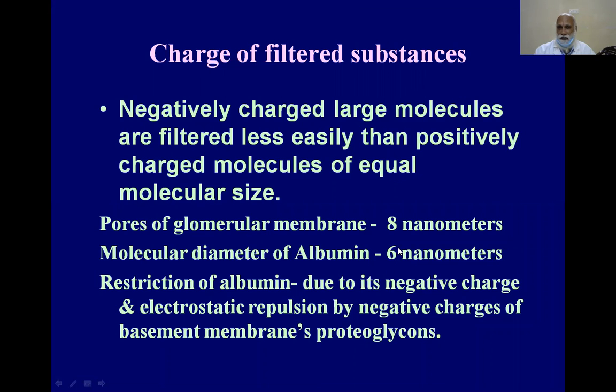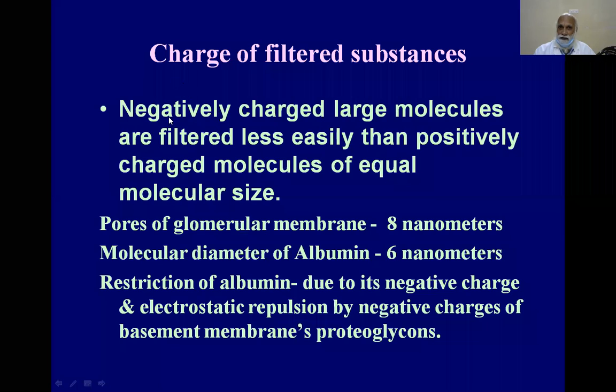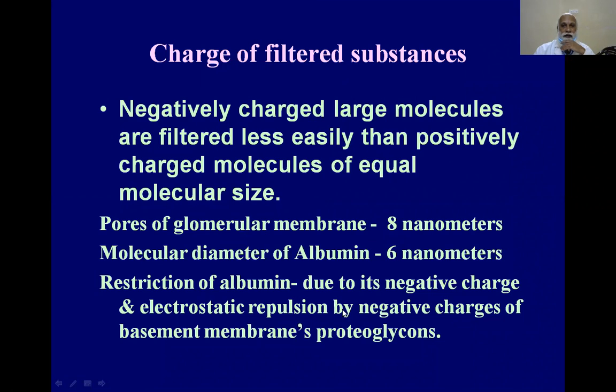It doesn't come out because of the negative charge of the albumin, and the basement membrane also has a similar negative charge. So it does not allow the passage of albumin or any protein for that matter. So there is restriction of albumin due to its negative charge and electrostatic repulsion by the negative charges of the basement membrane's proteoglycans.